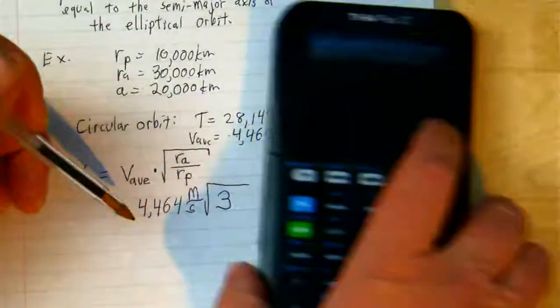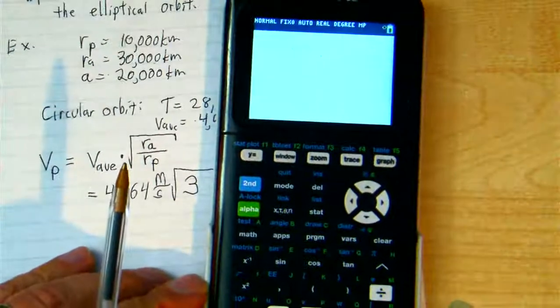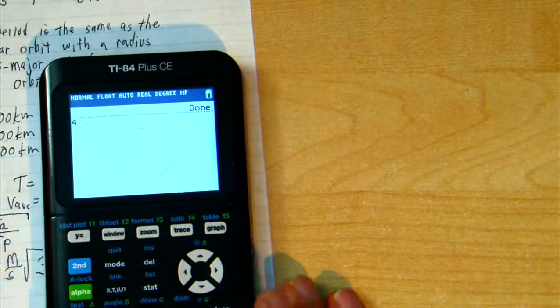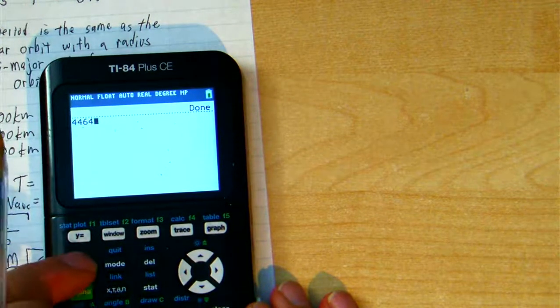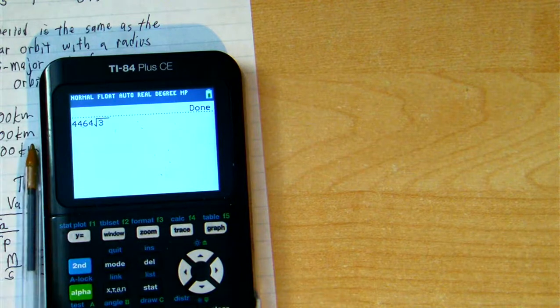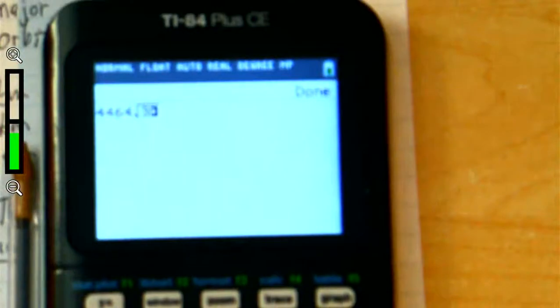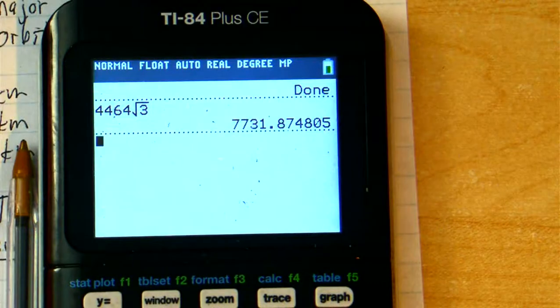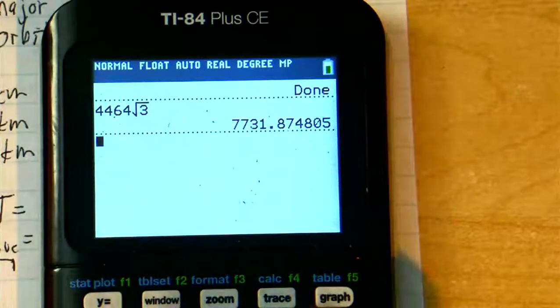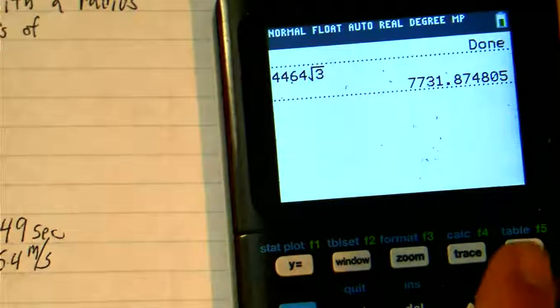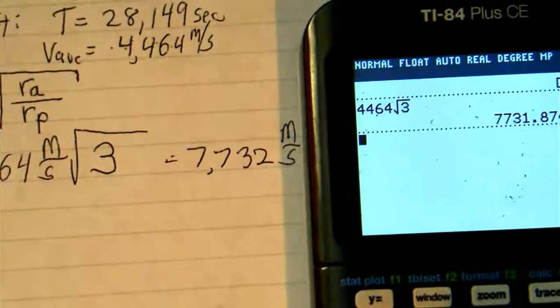So if you were to quit this program and then multiply 4,464 times the square root of 3, oh, I didn't write down what the other values were, did I? Well, based on short-term memory, I get 7,732 meters per second as my periapsis velocity. So I've written that one down.